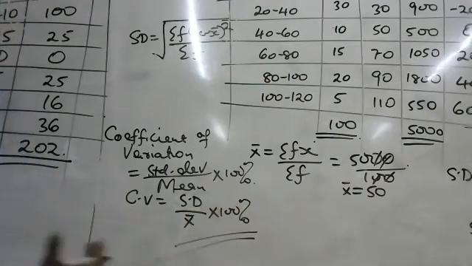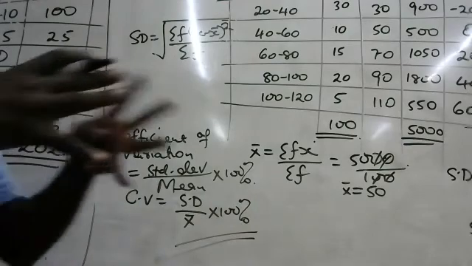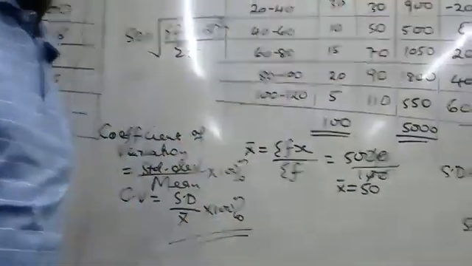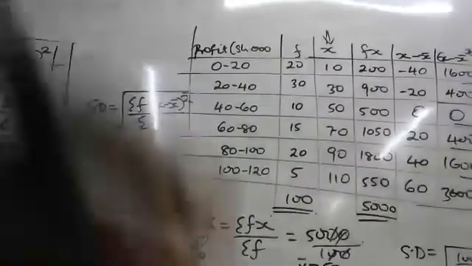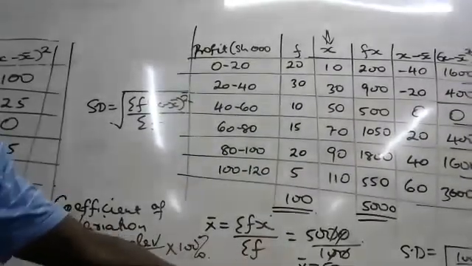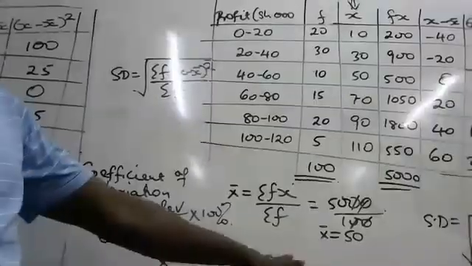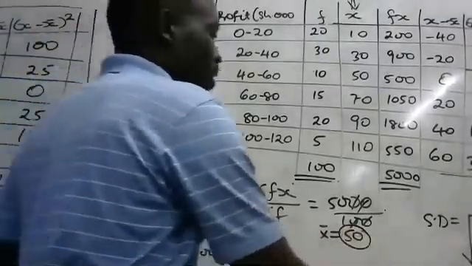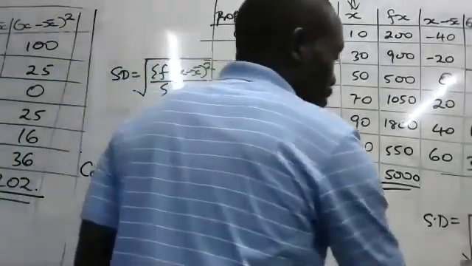So if you are asked for the coefficient of variation, you will need to go through the whole process of getting the standard deviation. The good thing is that as you calculate the standard deviation, there is that initial point whereby you have to calculate the mean. So you have got the mean, and you have got the standard deviation there.